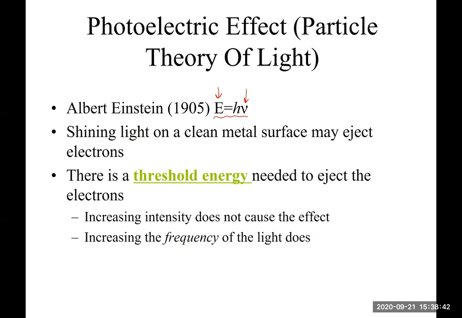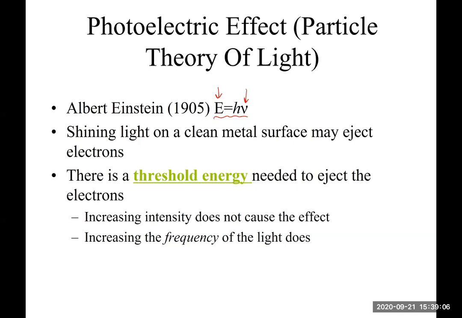And what he learned is that there's a threshold that's associated with ejecting an electron from a metal. That certain threshold had to be met. Any energy associated with any wavelength or frequency below that threshold would not eject the electron. But as soon as he met that threshold of energy, the electron would be ejected.